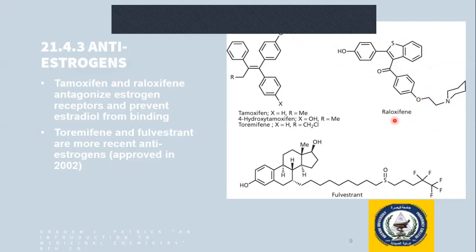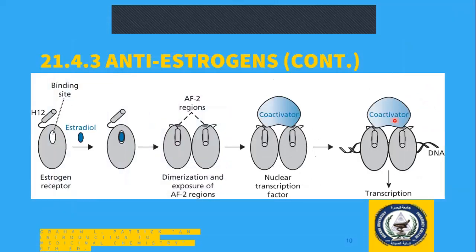Well, before we see why it is important for activity, let us have a look at how the estrogen works on the estrogen receptor. Let's take estradiol as an example, as you can see from this little cartoon.